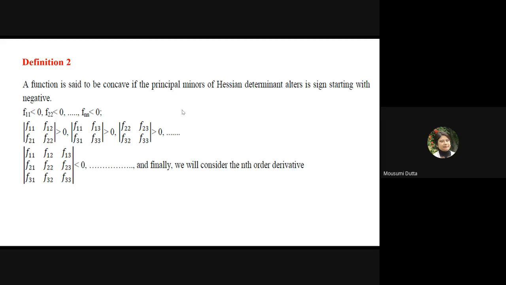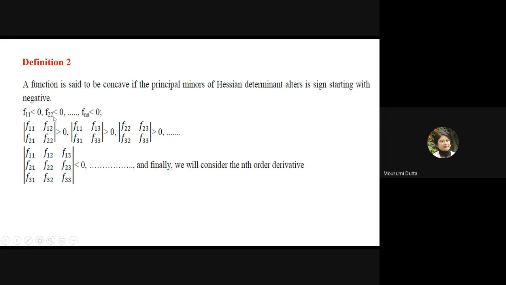If I consider 2 by 2, f11, f12, f21, f22, that is H2 determinant. The first row values are the H1 determinant, these are H2, the second level of values, this is the third level of value. In this way we can move towards the n-th level of value.